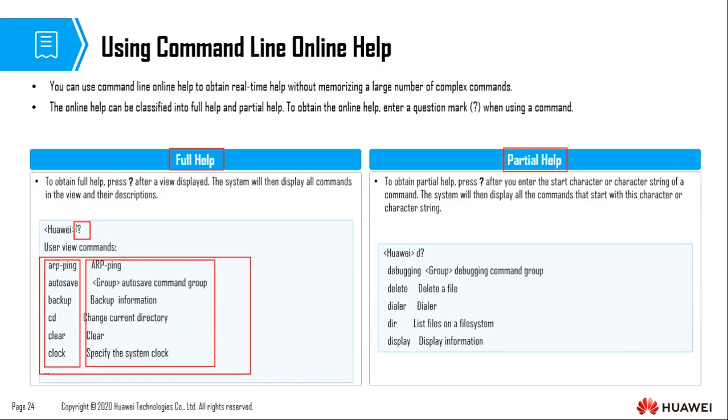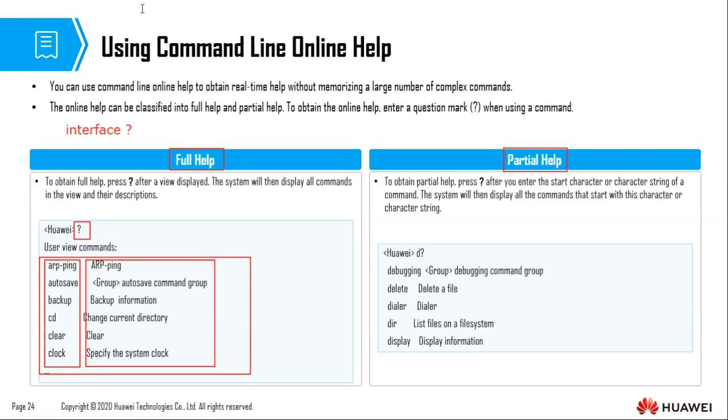So that is what we call full help. So for example, you can type interface, then space, then question mark, then enter. It is going to bring you a list of all the commands that are possible after typing interface. So that is also an example of full help.